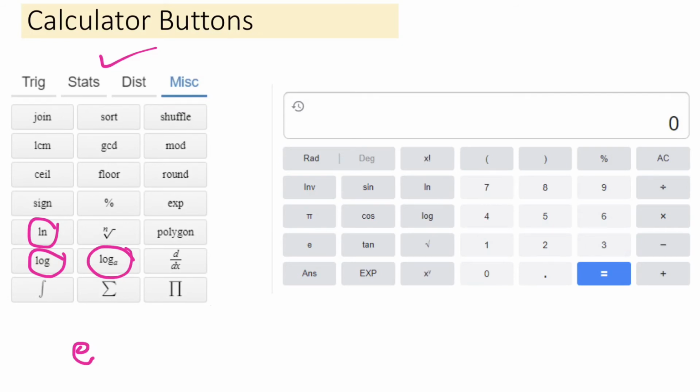This one right here is an online calculator I use sometimes. This one has the e, the base for the natural log function. It's got the log base 10, and it's got the natural log, which is the log base e. The only thing this one doesn't have is the log base anything button like this one has here.